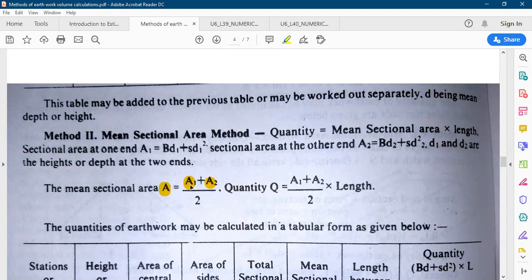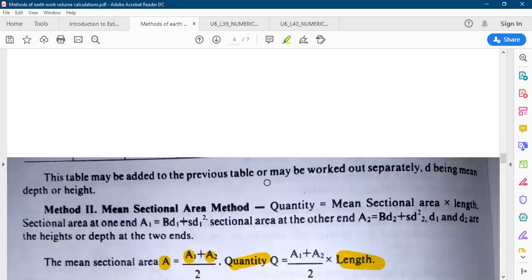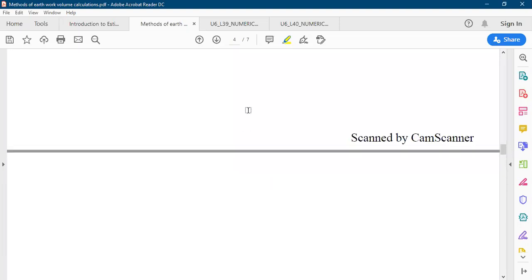So that average is multiplied with the length between two stations, so that we can get the quantity between those two stations. So these are the two methods we'll see with the numerical problems, right.